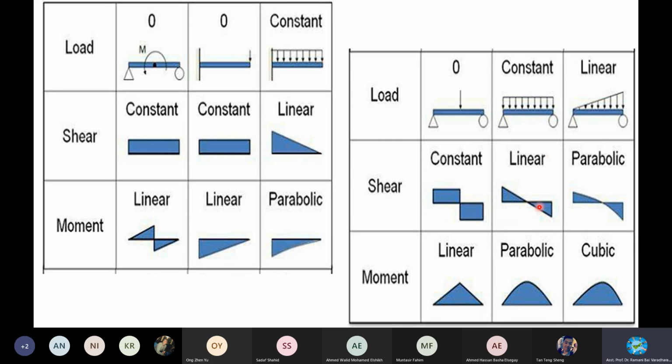So slowly increasing because it's reaching a reaction. Upward and downward is nearing, and then when it reaches here, there is another reaction, big reaction provided by the member. Then it drops to this value. That's how the shear force diagram is drawn.